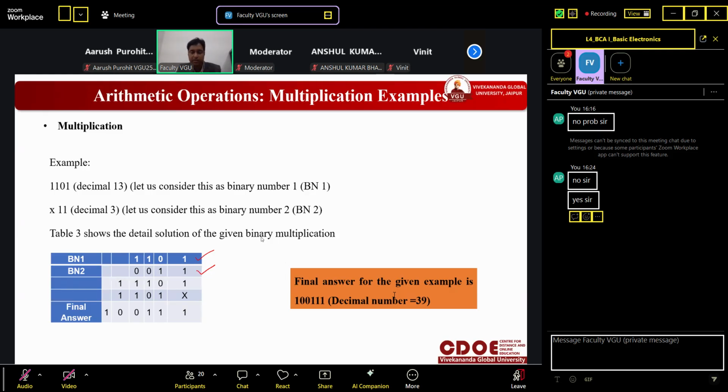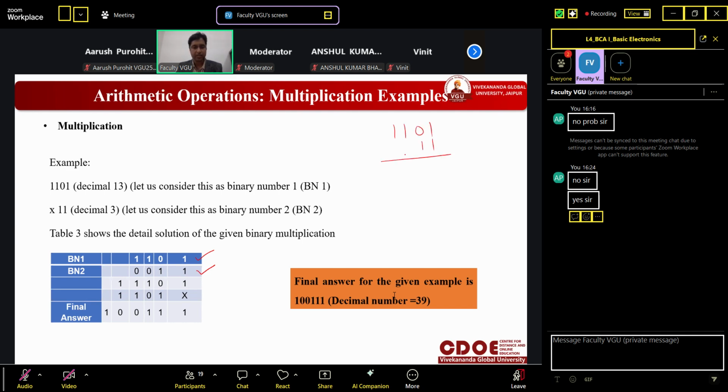Whenever we do any operation, it is 1 bit to second 1 bit, right? So the first number is 1, 1, 0, 1, and the second number is only 1, 1.